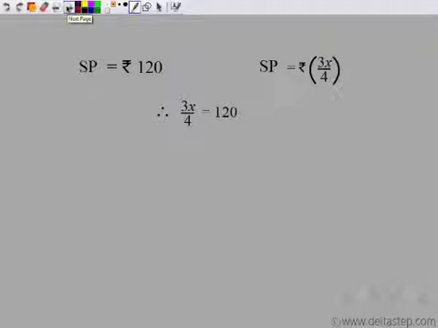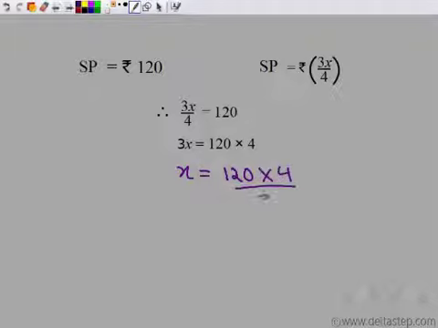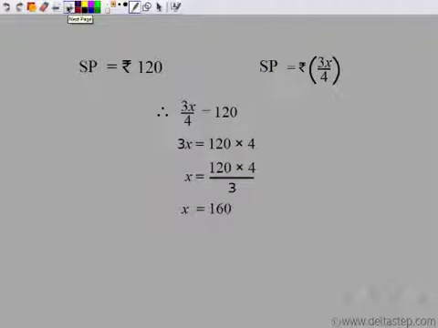From here I can find the value of 3X, which would be 120 times 4. And from here I can find the value of X, which would be 120 times 4 by 3, which gives X as 160. So I get X as 160.